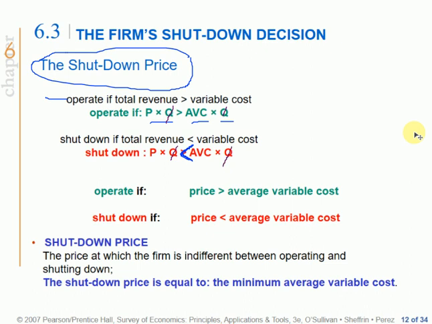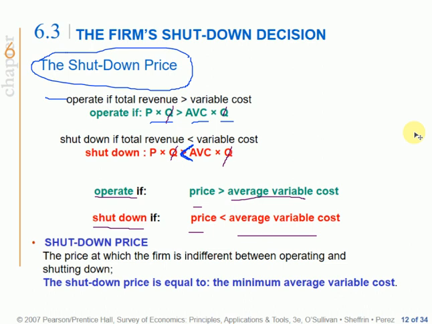Then, in the short run, a firm decides to operate if the price is higher than the average variable cost. However, the firm decides to shut down if the price is lower than the average variable cost.